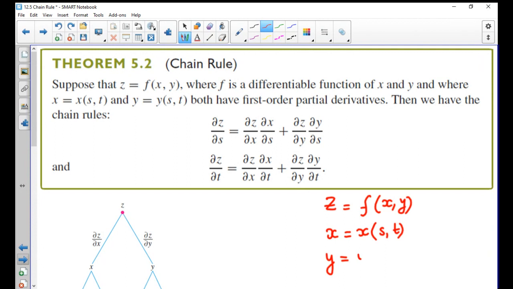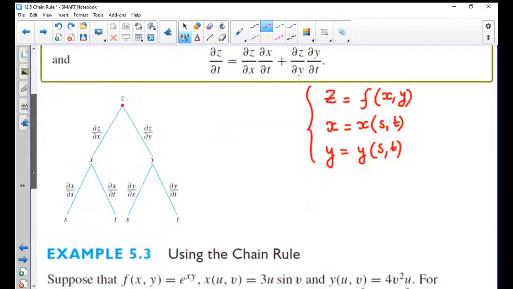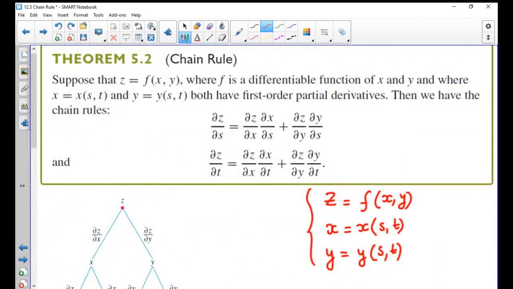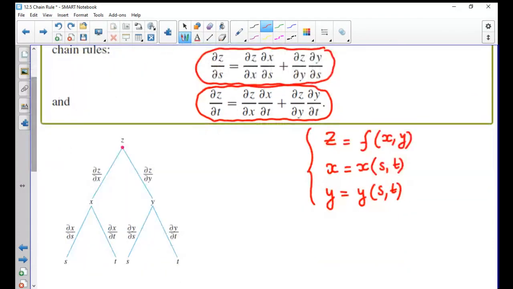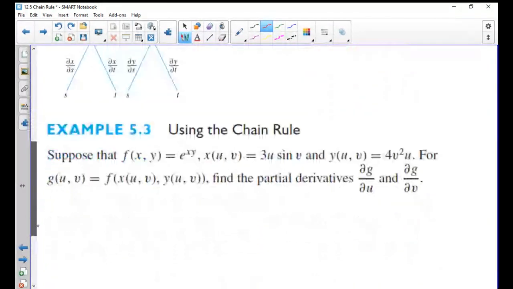And y is also a function of s and t. So here we have two independent variables, s and t. How do we get the derivative of z with respect to s? So you use this rule, and the derivative of z with respect to t, you need to use this rule. So that's the second rule for this chain rule.